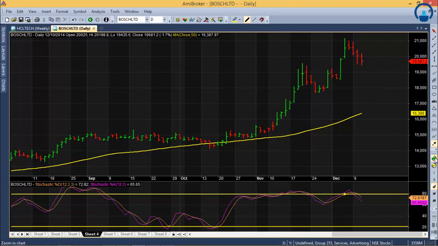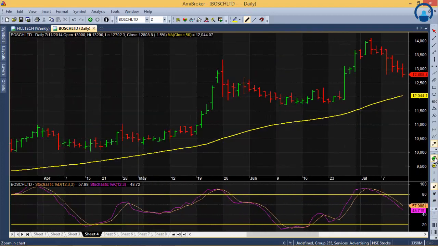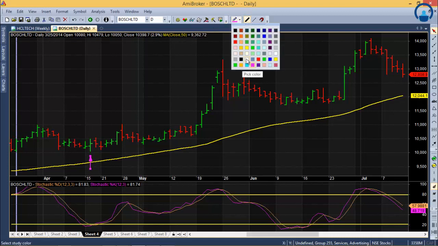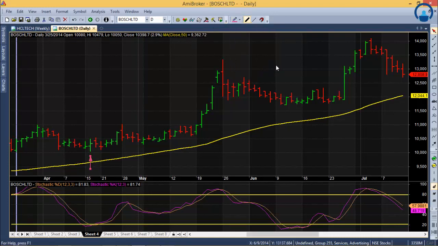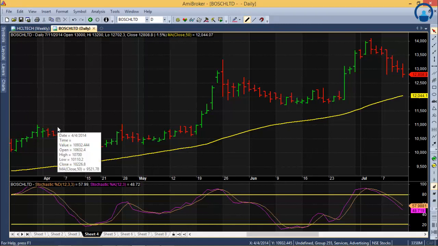Let's go ahead and zoom into our chart and go back into the data. You can see the first reversal occurred at these levels, somewhere here. Since the moving average suggests that this stock is going towards the upside, the idea is to buy when stochastic reaches the oversold zone and sell when stochastic reaches its overbought zone.